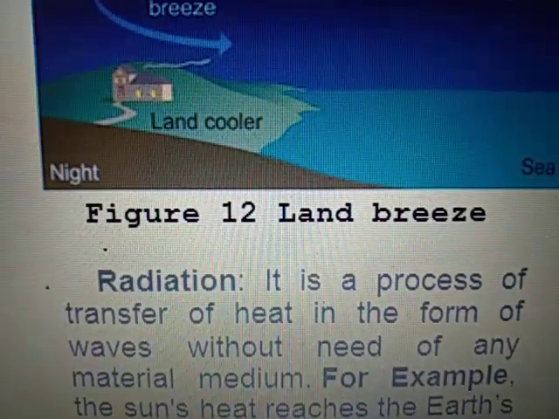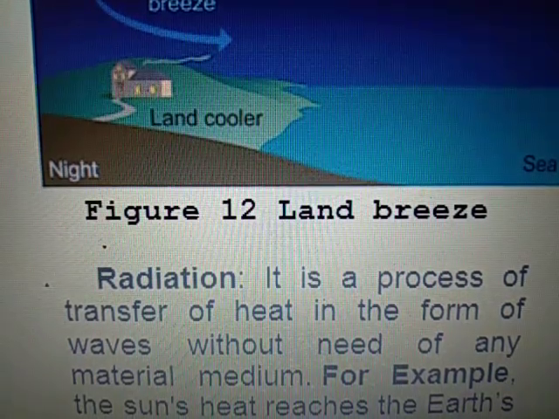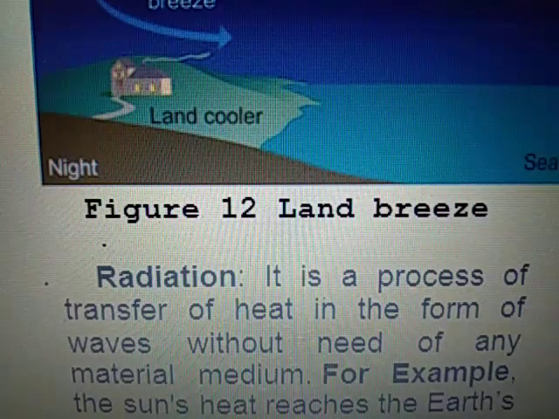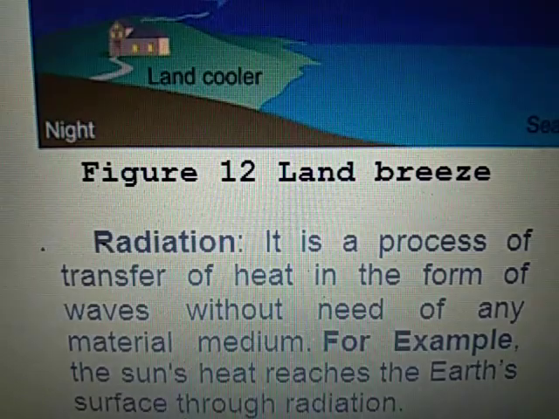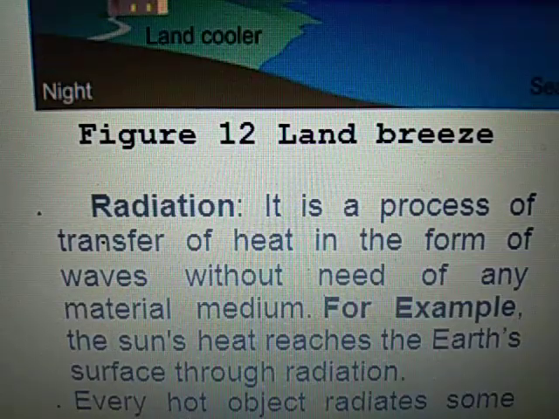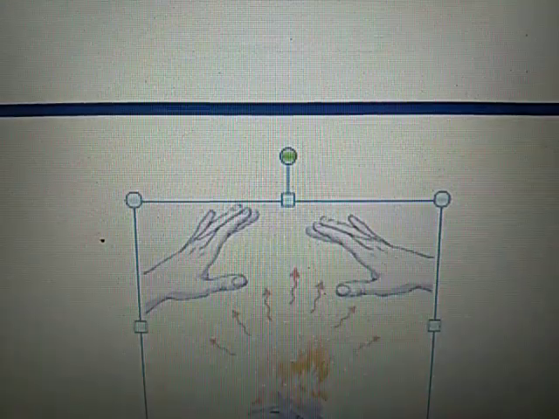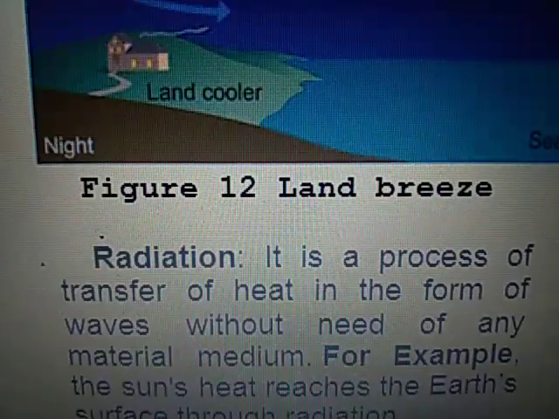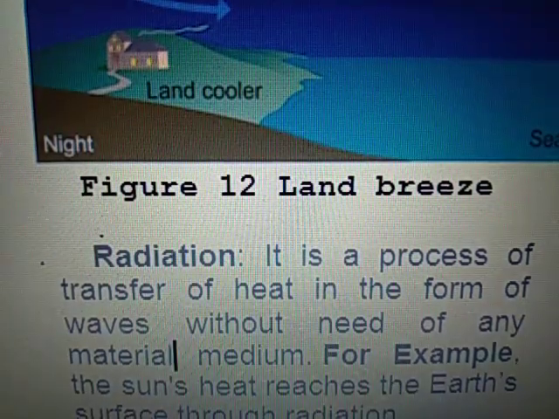Our third process of transfer of heat is radiation. It is a process of transfer of heat in which there is no need of a material medium. For example, the sun's heat reaches the earth. Every hot object in the environment loses its heat to the environment slowly.